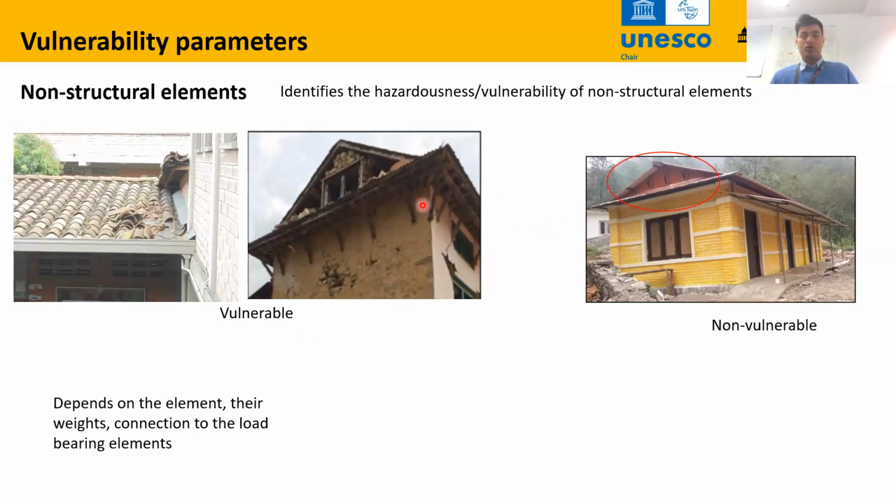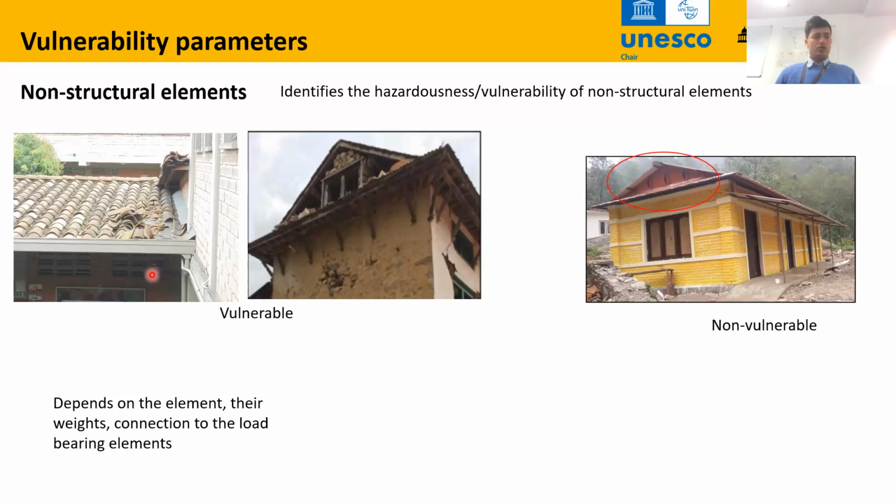In the newer constructions, we have realized that poorly connected gables are vulnerable because they can overturn on their own, so gables are replaced by light structures.